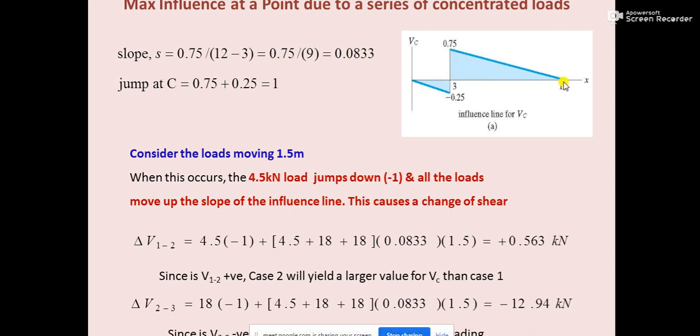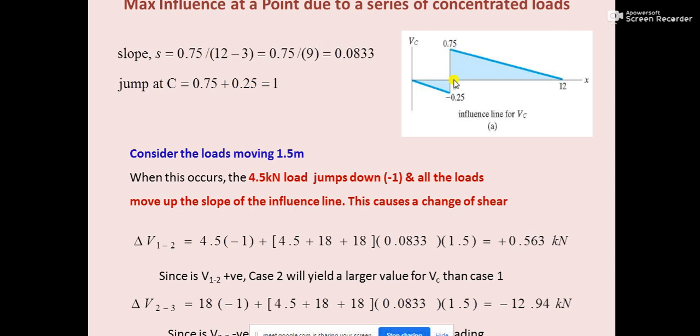If I consider the slope of this line, and the load is entering from this side, so when the load is covering this influence line diagram, you observe the load is moving along the positive slope of the influence line, isn't it? From 0 to this much, it will be rising up.